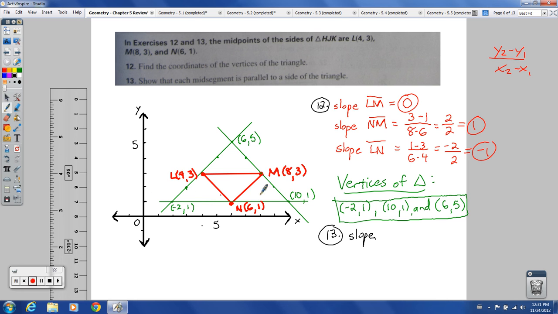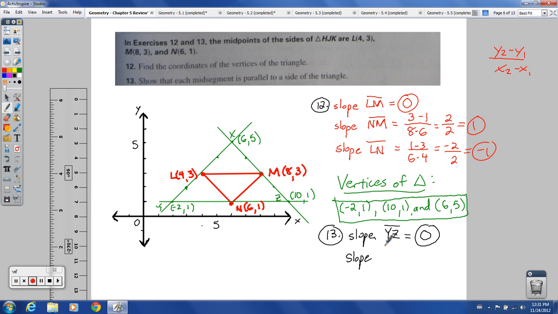So the slope of, let's give these coordinates some letters. I'll call this x, I'll call this y, and I'll call this z just to make it easier to talk about. So the slope of yz is going to be 0 because you're not changing the y values at all. Just the x values are changing, so that's a slope of 0.